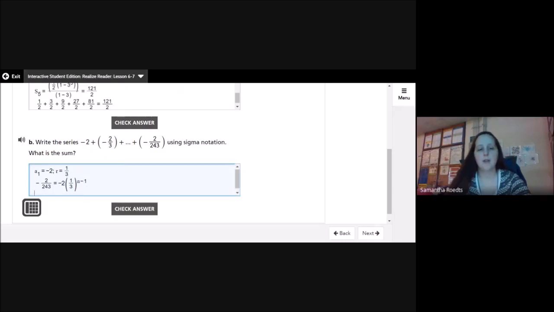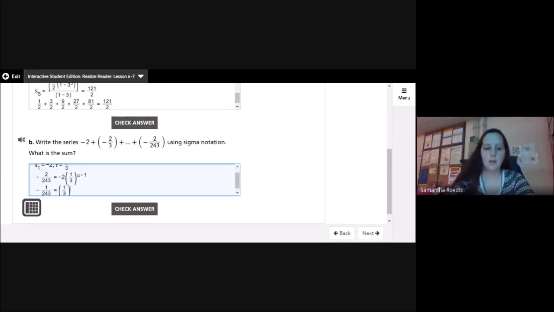I'm going to divide both sides by -2. -2 divided by 243, divided by -2, gives me 1/243.